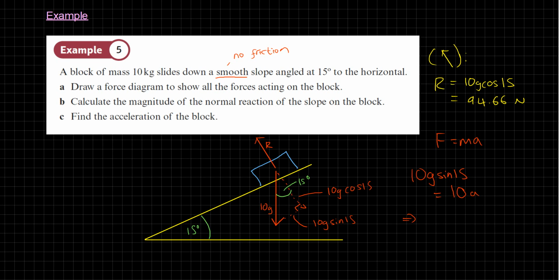That implies that the acceleration must be equal to g sine 15. So that's 9.8 times sine 15. I type that into my calculator and I get 2.536, roughly speaking. Okay, I never really round these things, it depends on the question. 2.536. And that's our answer. Done.